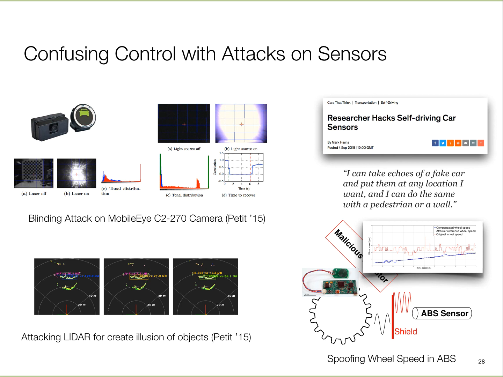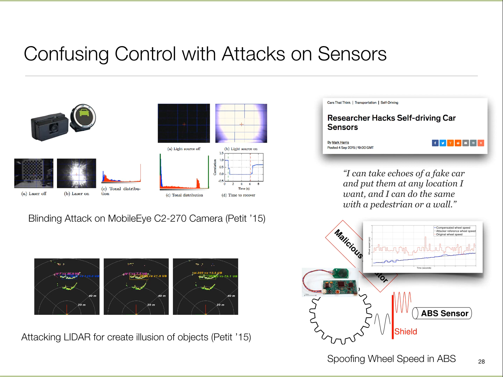By shining light, they fool the way these cameras react, through the AGC, or automatic gain control, within them. They also attack LiDARs to create illusions of objects.